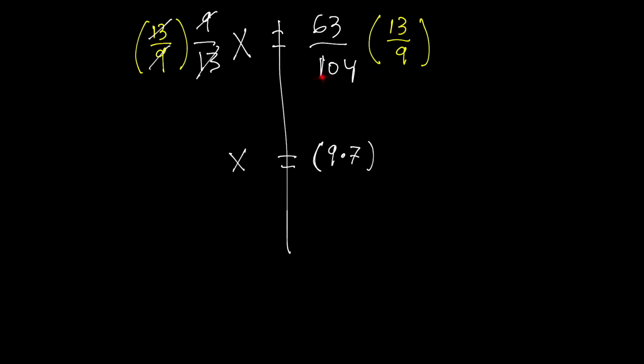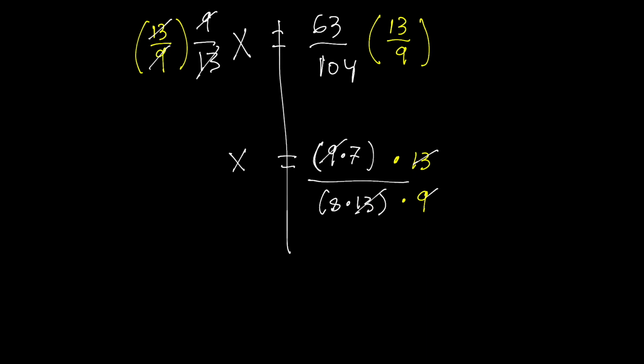And 104 is a multiple of 13, since I can rewrite the 104 as 8 times 13. Now I'm going to multiply the 13 and the 9, and cancel out the quantities I see on top and bottom. I see a 13 on the top and 13 on the bottom, those are going to cancel out.